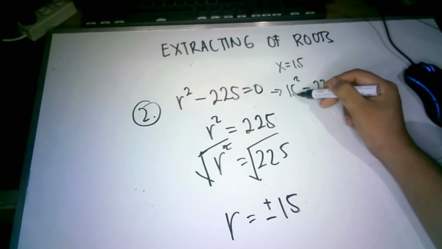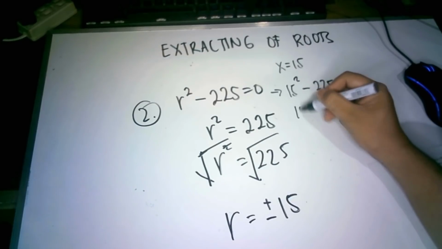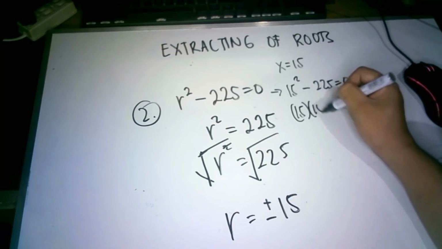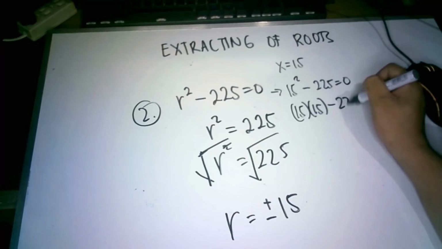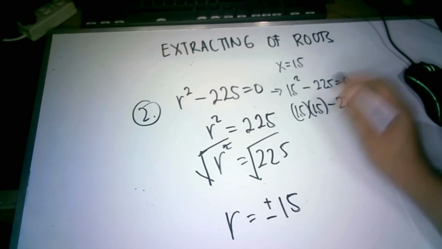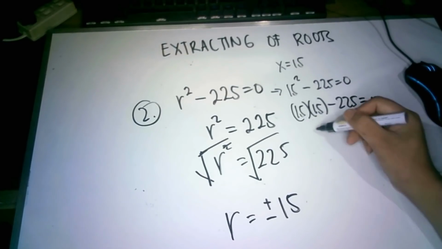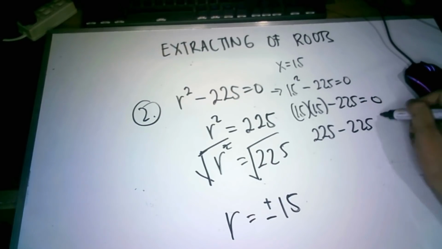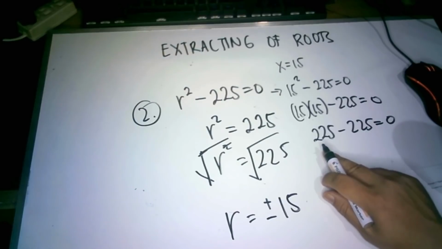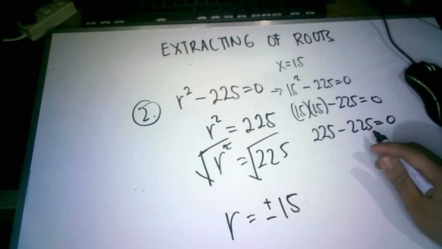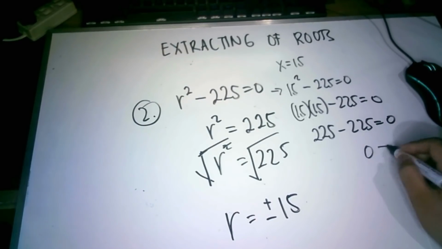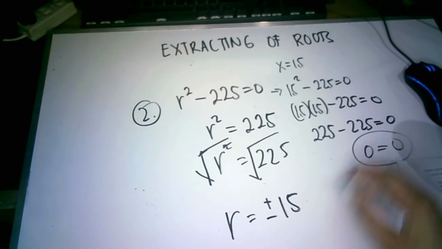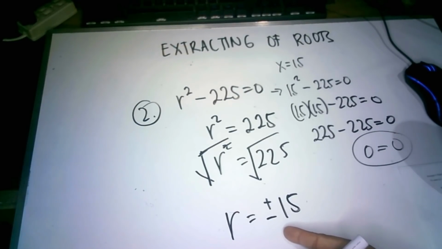Magiging 15 times 15. Di ba? Minus 225 equals 0. And what is 15 times 15? Of course, 225. Minus 225 equals 0. Ang 225 minus 225 is 0? Yes. So, therefore, tama ang sagot natin na positive 15.